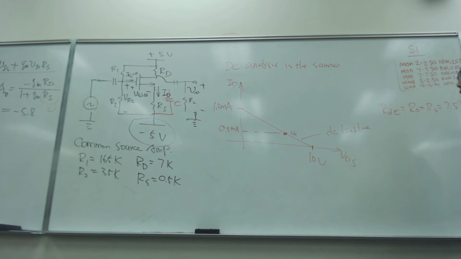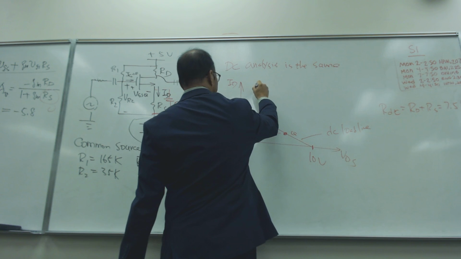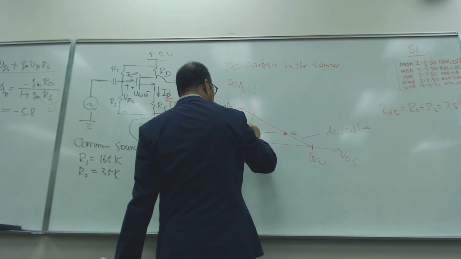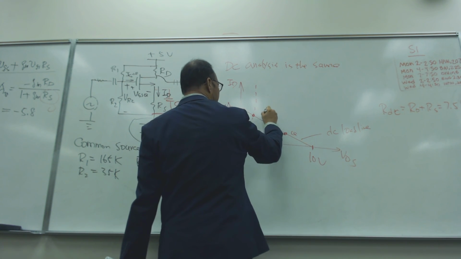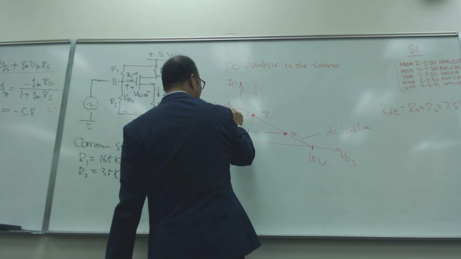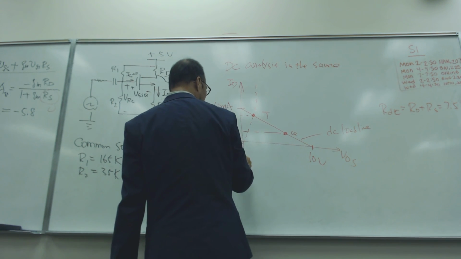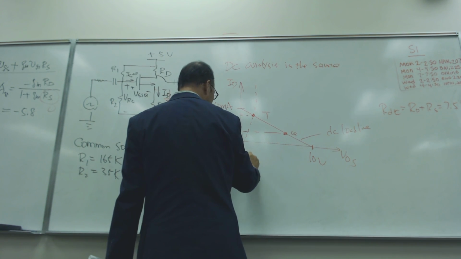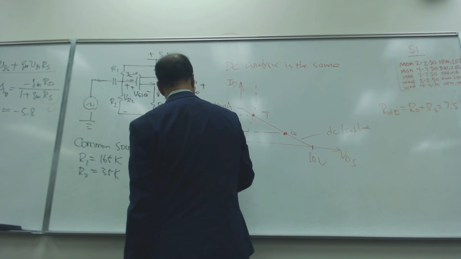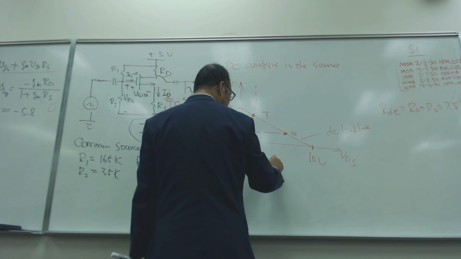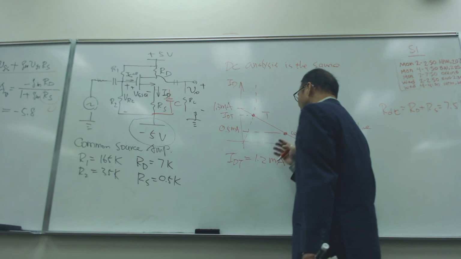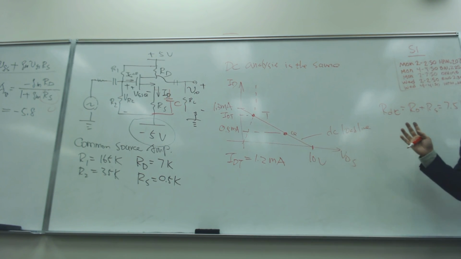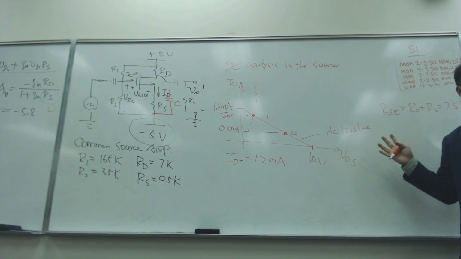This is the locus, so that's the T point. That's the same. Also, IDT we have found was 1.2 milliamp. So everything so far remains the same.